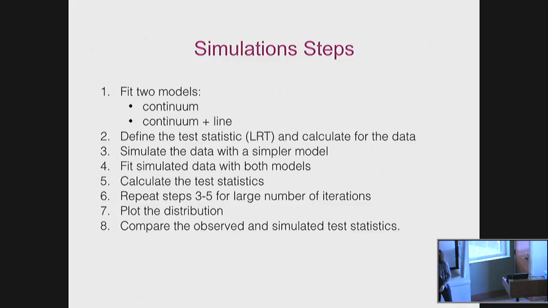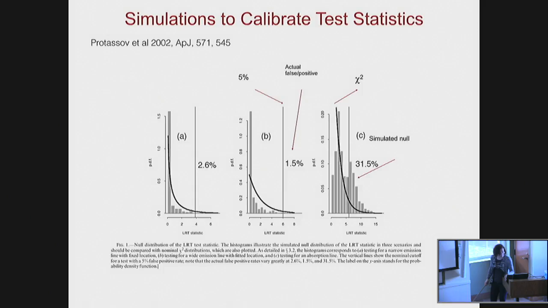I repeat steps 3 to 5 to get a large number of these iterations and a large number of test statistics. This has to be very large if your significance is very good, right? So you need to have 10^9 iterations to see 10^-9, let's say, in your simulations. Anyway, you can plot this distribution and then compare the observed and simulated test statistics as in this graph.